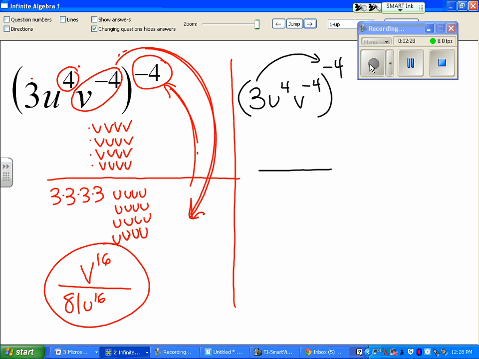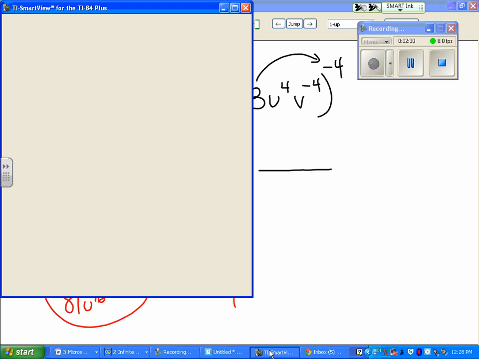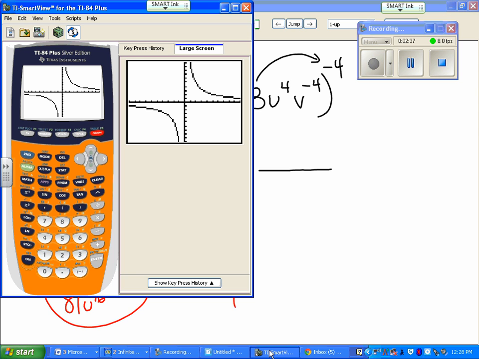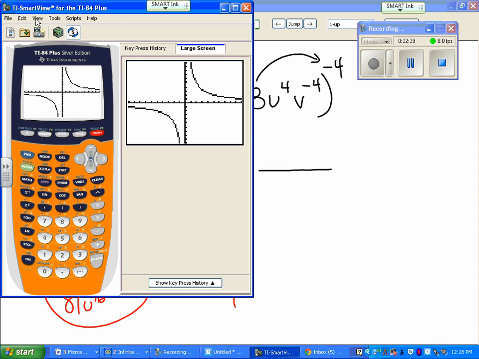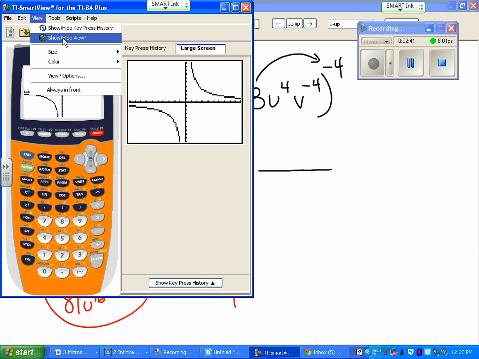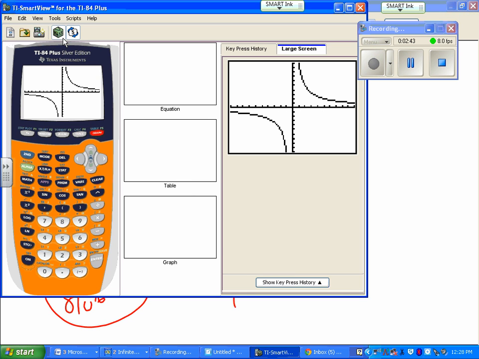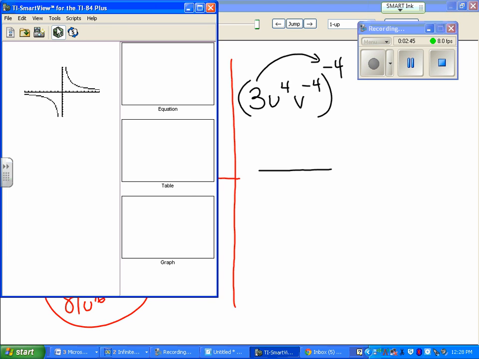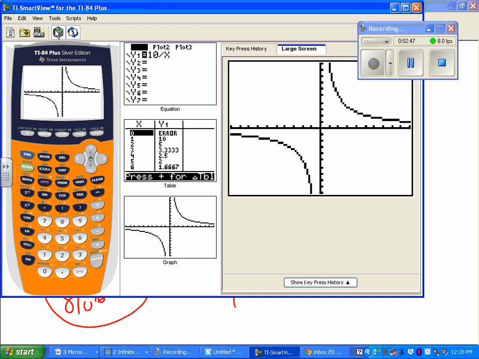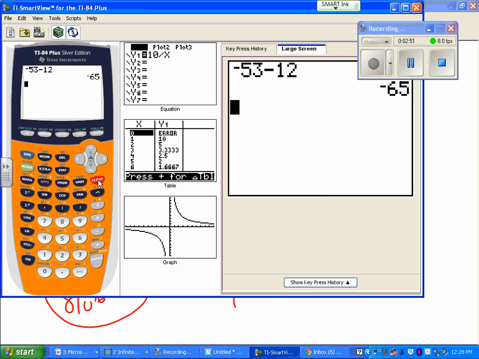If you were to use your calculator, and we talked about this a little bit in class, 3 to the negative fourth, you would get a fraction.